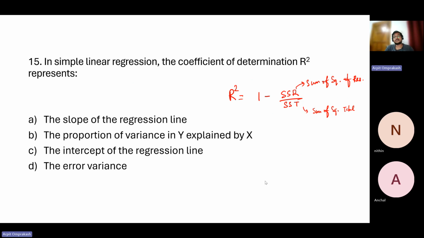This residuals is also called the sum of squares of errors, also called SE. What do you think this coefficient of determination, this R square, represents?